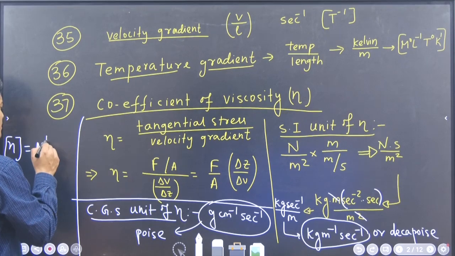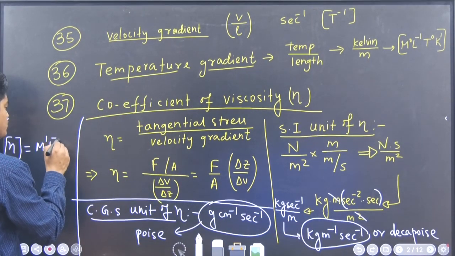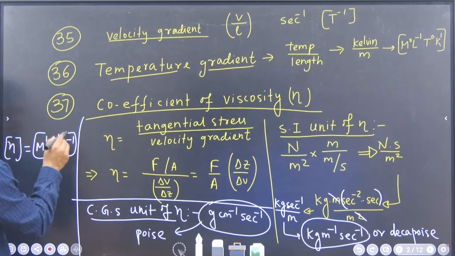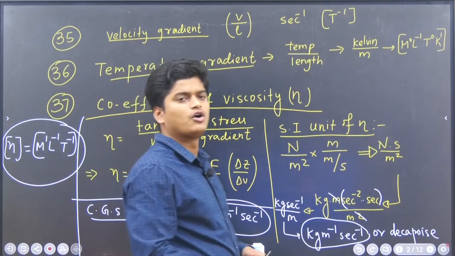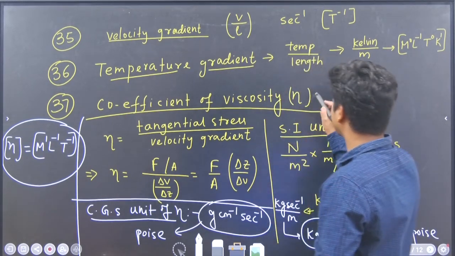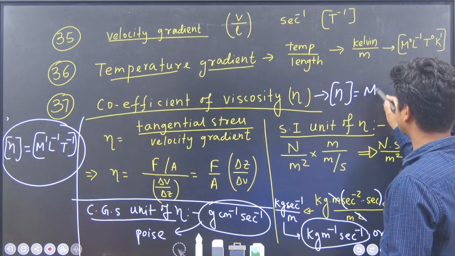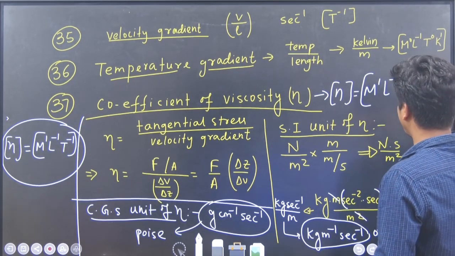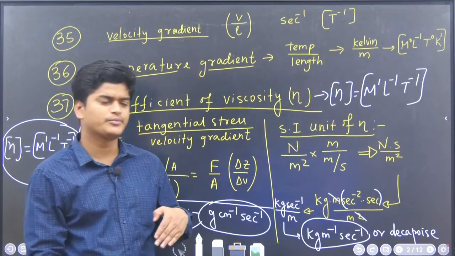So I can write M to the power 1, then L to the power minus 1 because meter to the power minus 1, then T to the power minus 1. So the dimensional formula is M1 L minus 1 T minus 1. Okay. So again I am writing here also: the coefficient of viscosity dimension is M1 L minus 1 T minus 1. So remember it directly, so that you can give the answer if a direct question comes.